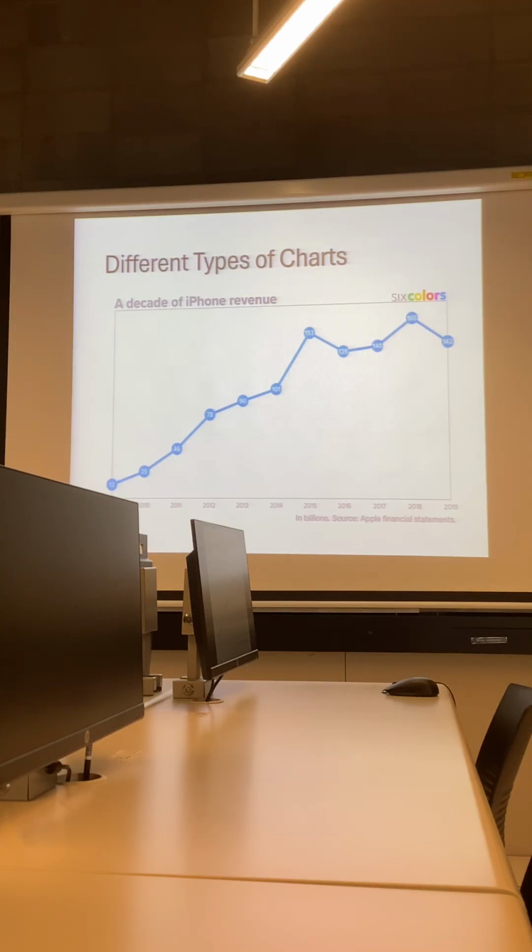So how much is the difference between the 2 years? 142 minus 13, in billion.